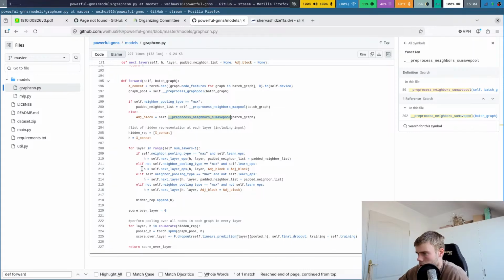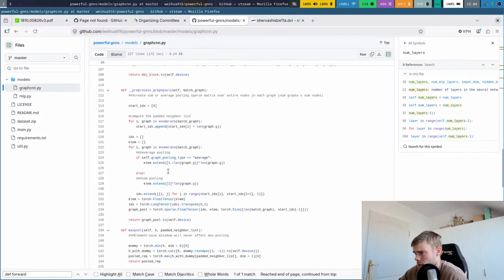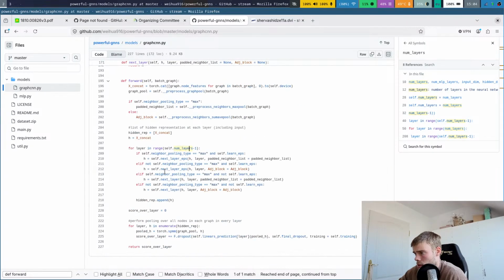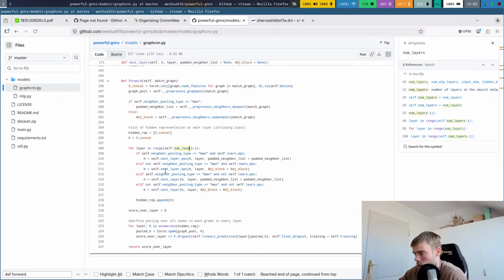Okay, so for each layer, which is probably the number of iterations, right? Next layer. Oh my goodness.